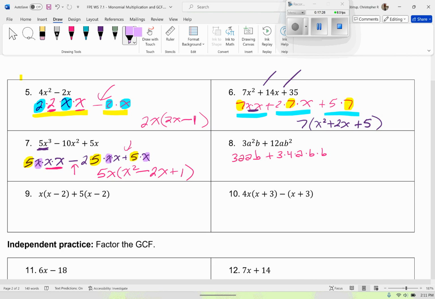Hey, friends, take a look at number 8. What number do I have the same between them? 3. Agree? Give me a letter they both share. A. Give me a letter they also share. So what comes outside? 3AB. Okay?